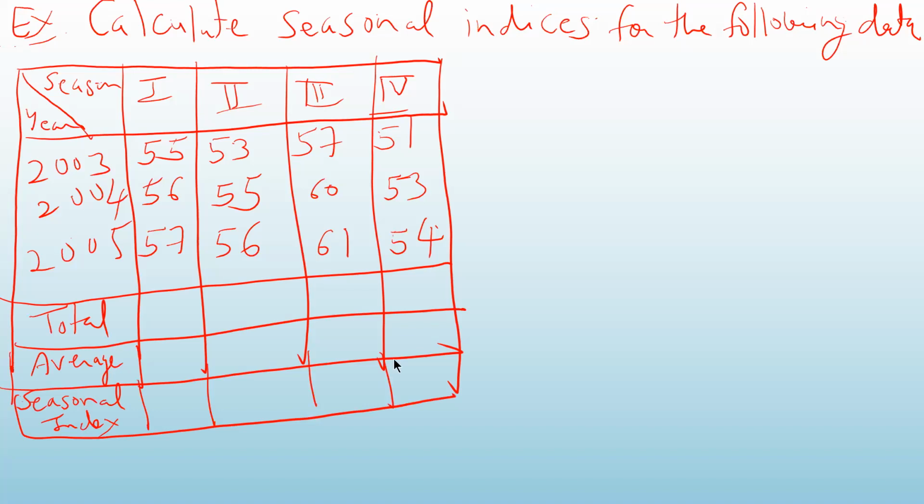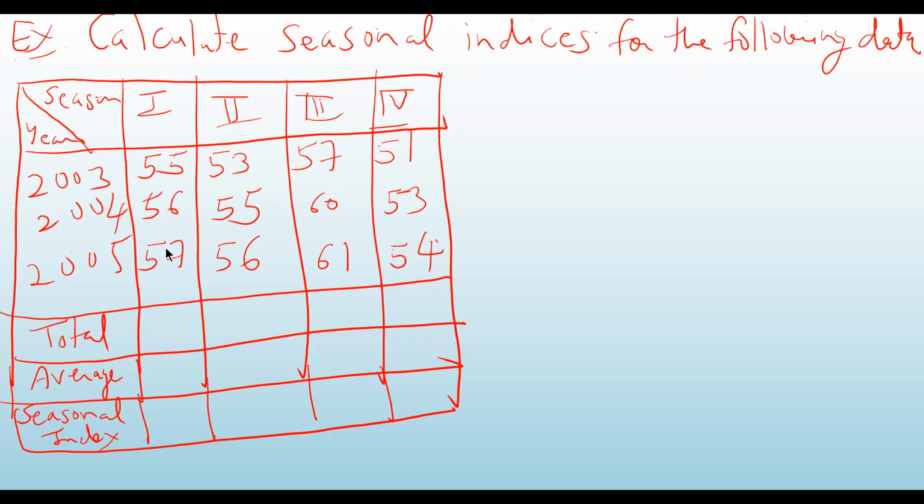Okay. So first take the total of these three, 55 plus 56 plus 57, that gives you 168.